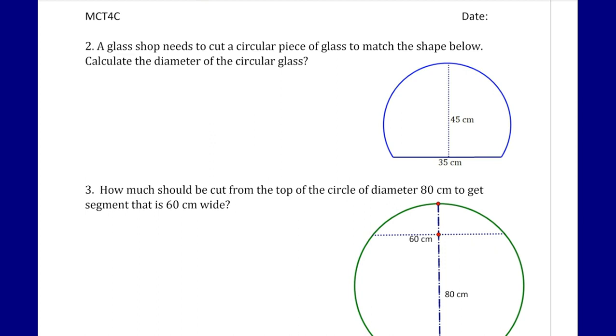We can say that somewhere along this dotted line is our center. Doesn't really matter where it is right now, but then I can say, well, the radius is going to connect those two parts. So if I have my radius connecting both two parts, these two sides are the same.